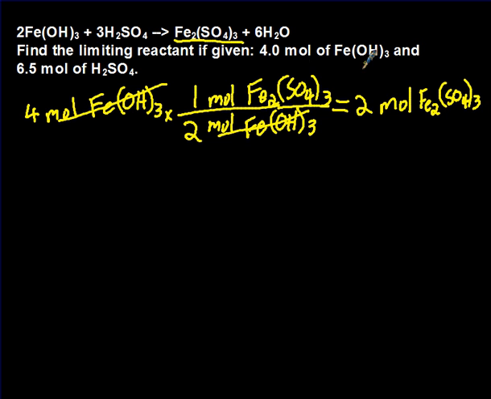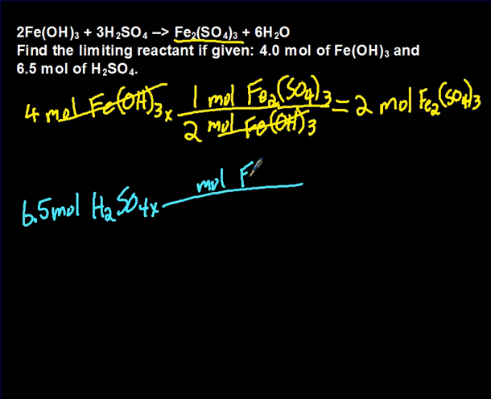So now we've got to do it with 6.5 moles of H2SO4. And we're going to convert it to the same thing, to Fe2(SO4)3, and see what we get. So again, moles of Fe2(SO4)3. We want to cancel this guy out, so it goes in the bottom.